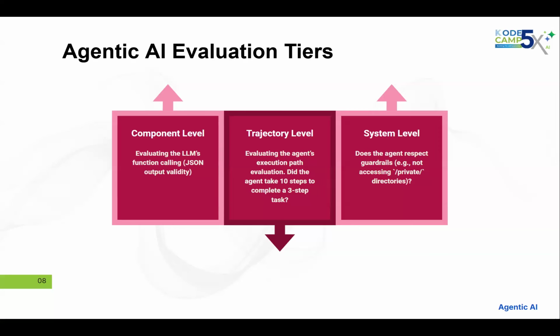For example, does it respect guardrails, whether input guardrails or output guardrails? Here you're evaluating the entire agent as a system. So at the component level, you are evaluating distinct components of that agent. At the trajectory level, you're evaluating the execution paths, and at the system level, you're evaluating the overall AI agent. Any question?